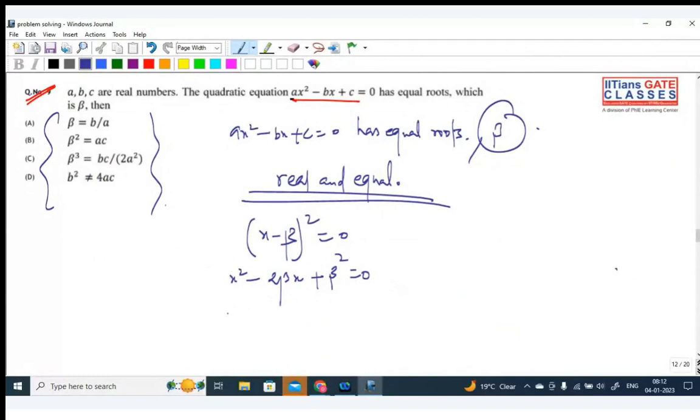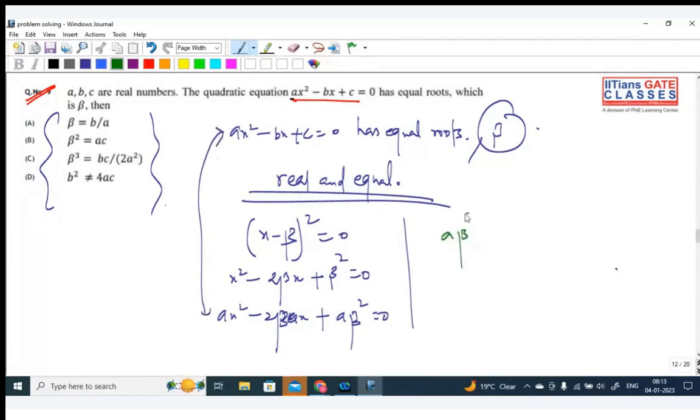So you can say that this is ax square minus 2 beta ax, and this is a beta square equal to 0. Now you can compare, so you will get a beta square equal to c and b equal to 2 beta a.